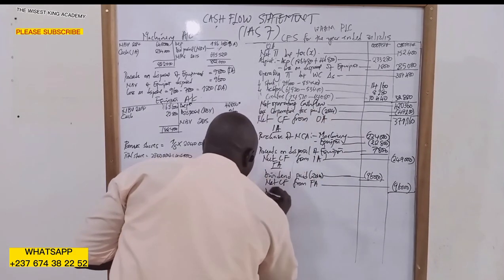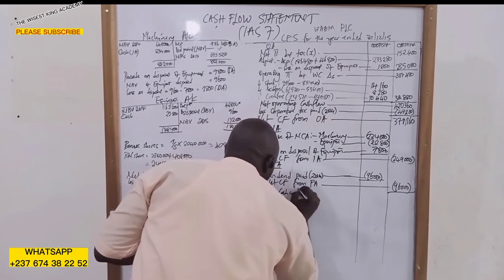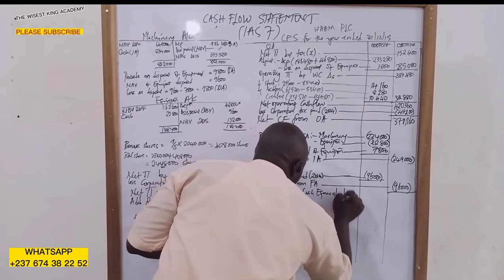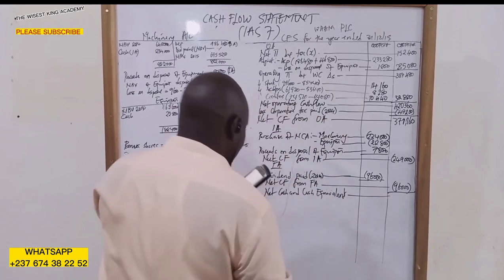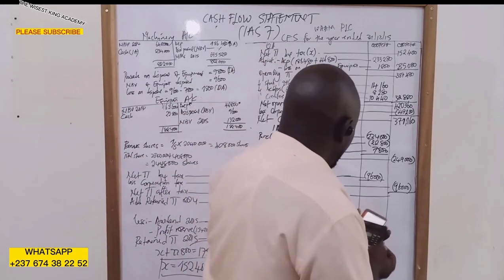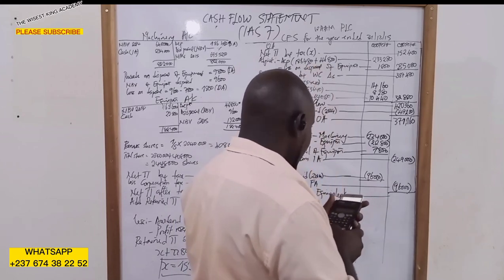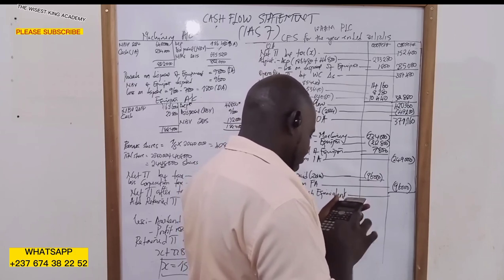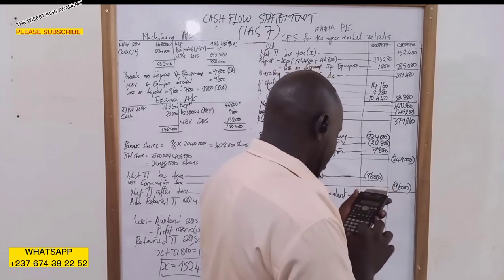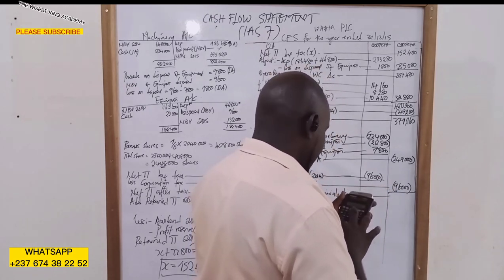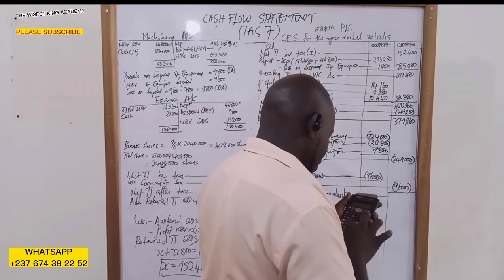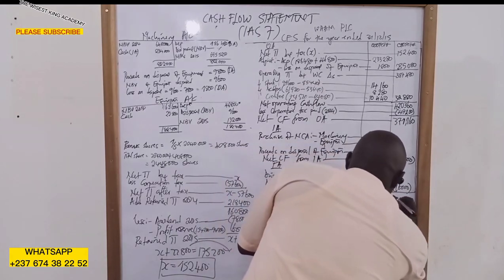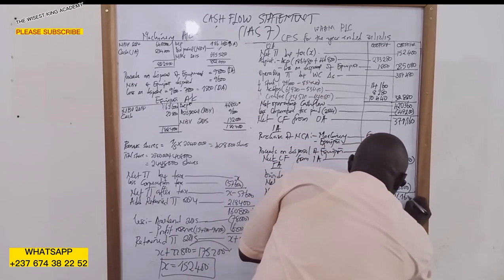So if I add all, I have my net cash and cash equivalents. What is my net cash and cash equivalents? Negative 71,160 plus 96,000 minus... that's going to give me a positive 26,160.